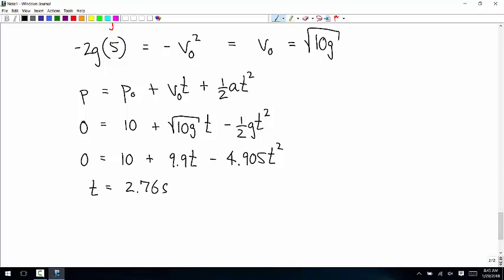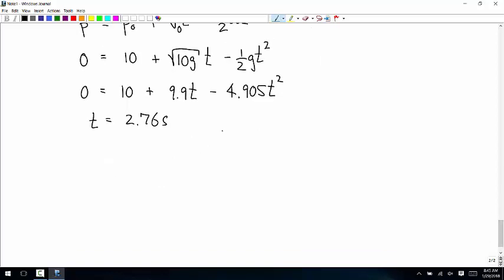2.76. One thing about that: the quadratic formula is going to give you two solutions. One of them makes physical sense in this case, the positive one. Mathematically, what is the other solution referring to? Yes, that's exactly right. If you plot the position versus time graph, and here's 10 meters, and here's 15 meters, it's going to look like a parabola.